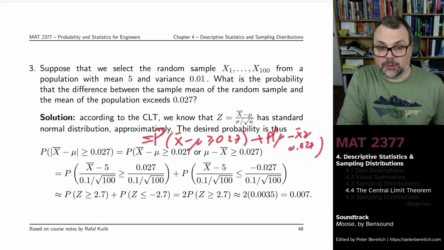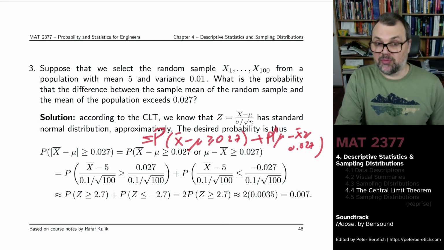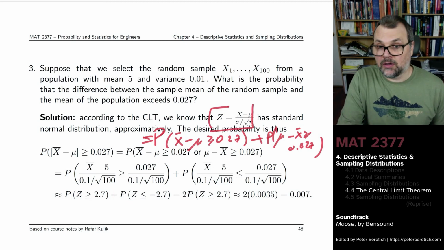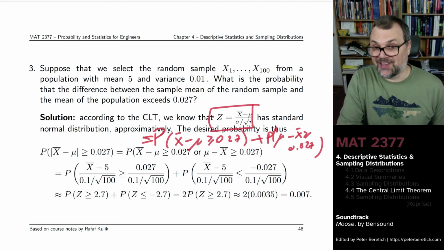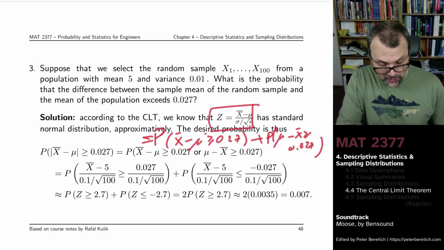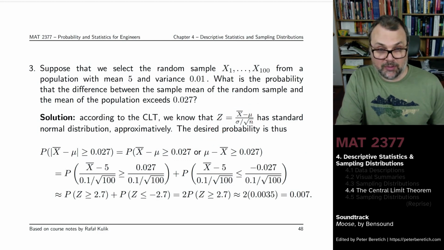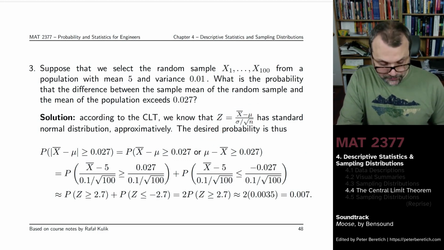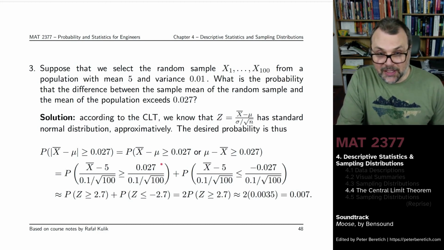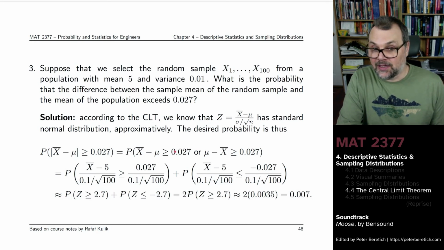Once you've gotten to this point, you apply the central limit theorem on the central limit theorem standardized variable. So x bar minus mu, we already have an x bar minus mu, we're going to be happy with this, divided by sigma over square root of n. So this little bit here becomes this one, and then we have to do the same operations on the right hand side of the inequality.